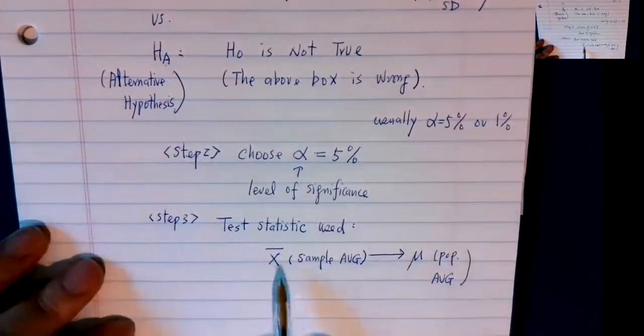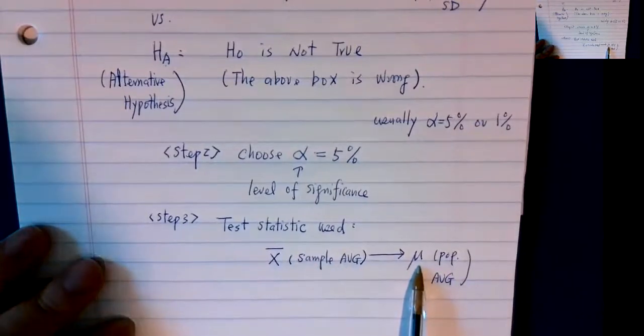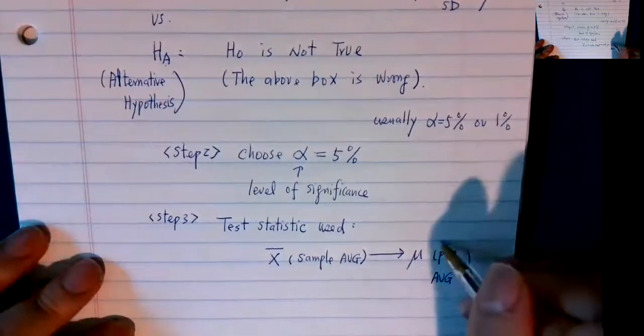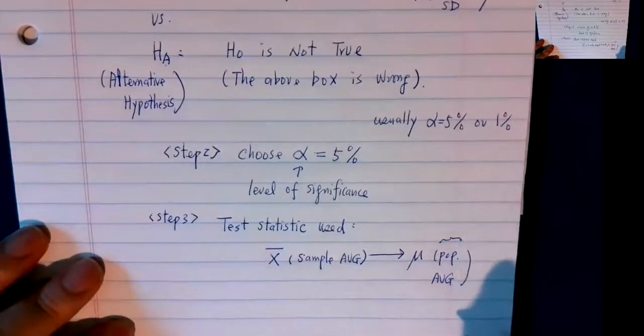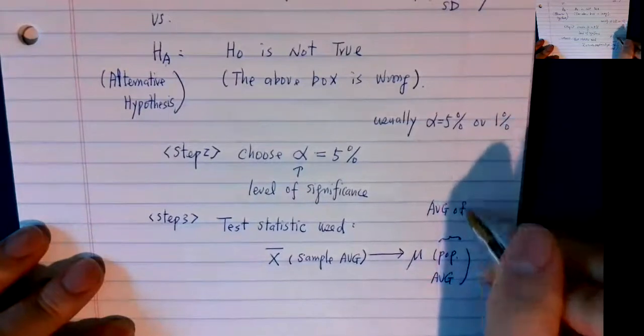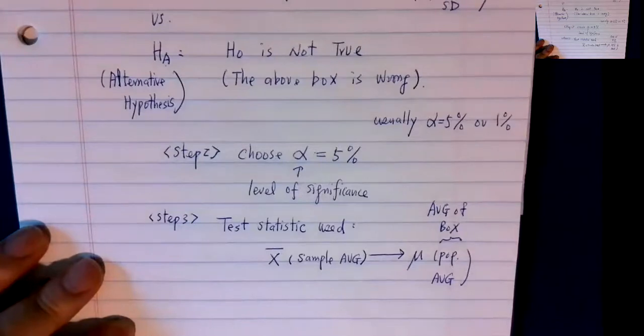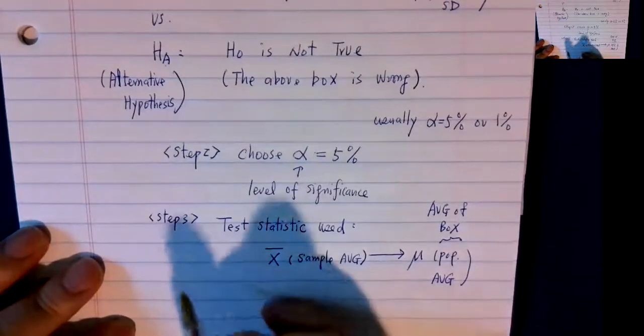If that's a count box, then this becomes the sample percentage. This one becomes pi. It doesn't matter whether it's sample average or sample percentage. This is what we call the average of the box, depending on whether it's a count box or sum box. And what is our decision?